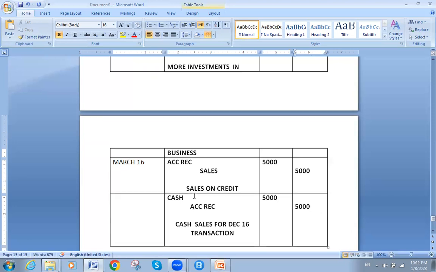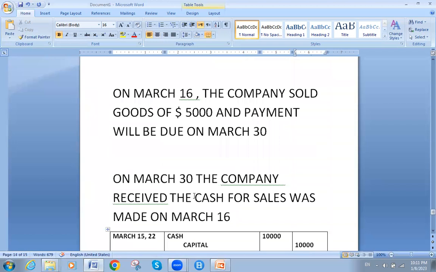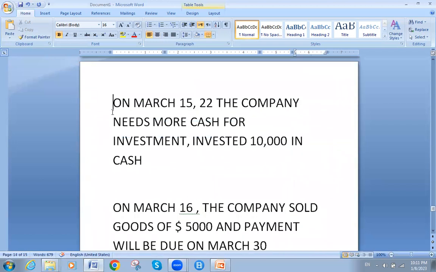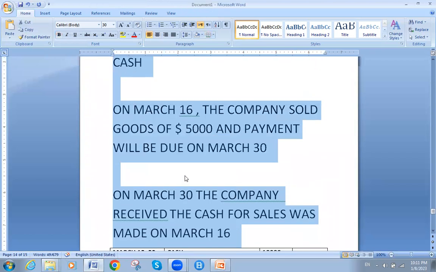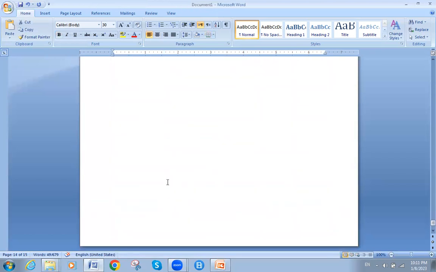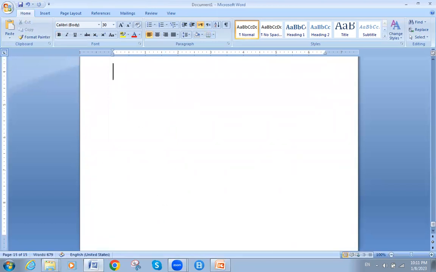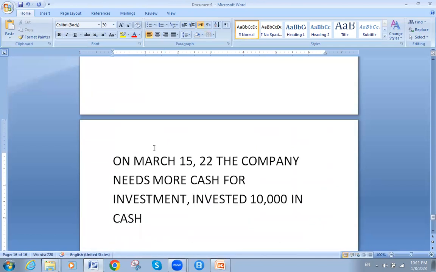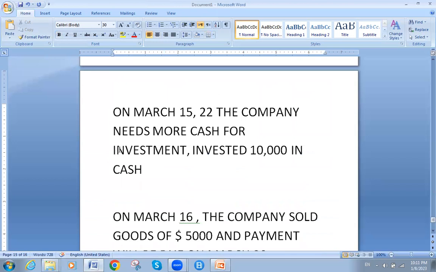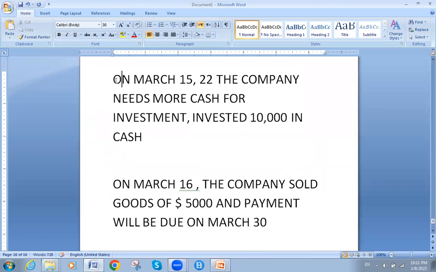That's how it works. So here now, I will give you 3 transactions, and I want you to do them exactly like this. We'll start from a new page. This is the first transaction.